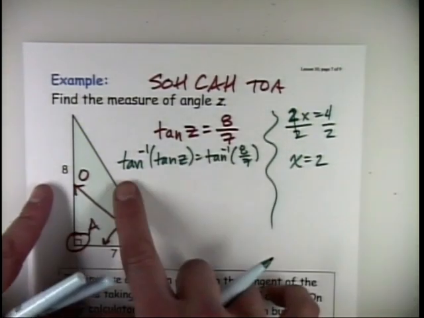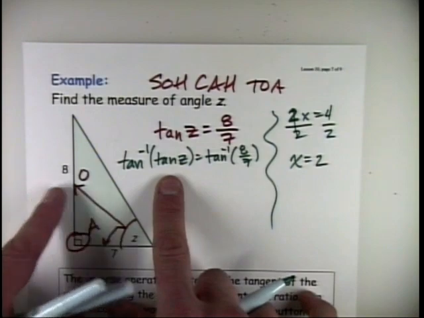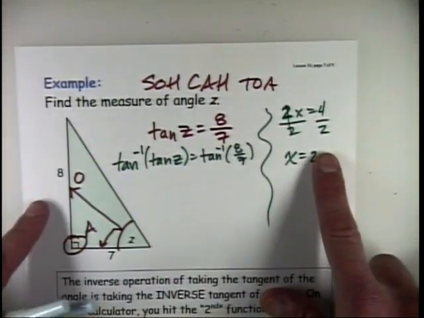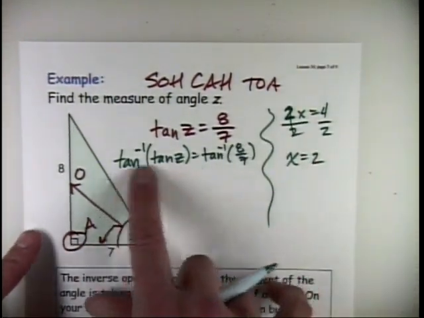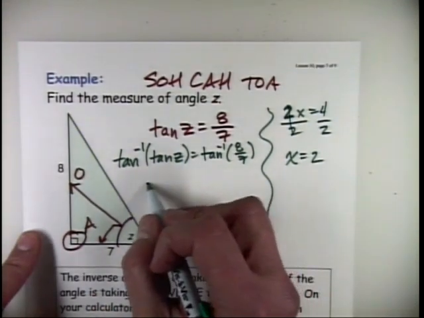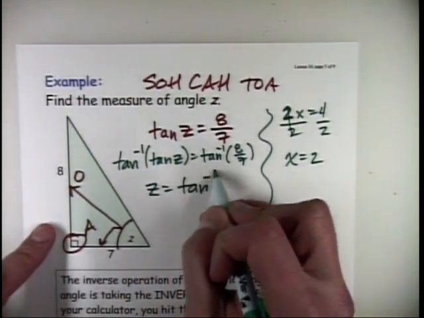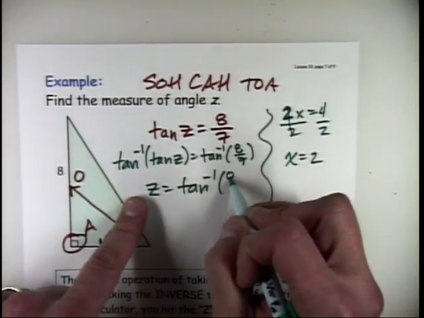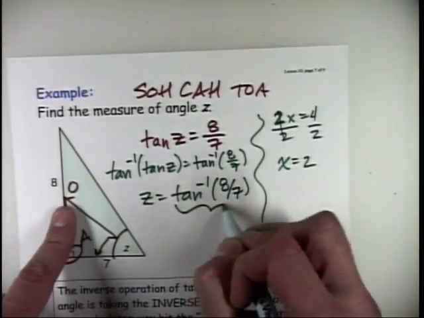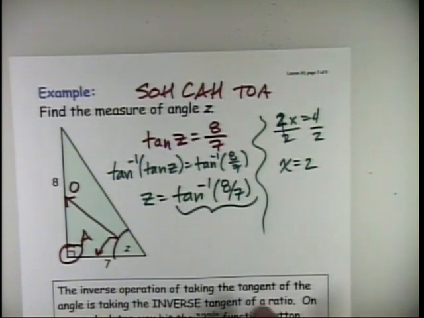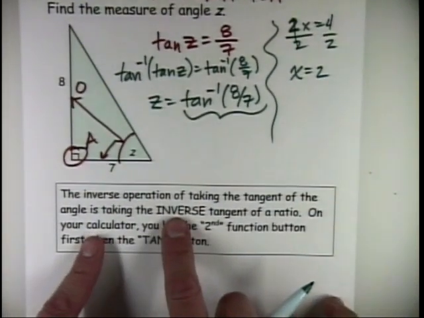Now, guess what the inverse tangent of tangent is? Inverse operations always undo each other. So if we start with Z and we apply two operations, they're going to undo each other. We're going to be left with Z. And so we have Z equals the inverse tangent of 8/7. This is something we can actually do on the calculator. Your calculator has an inverse tangent button.